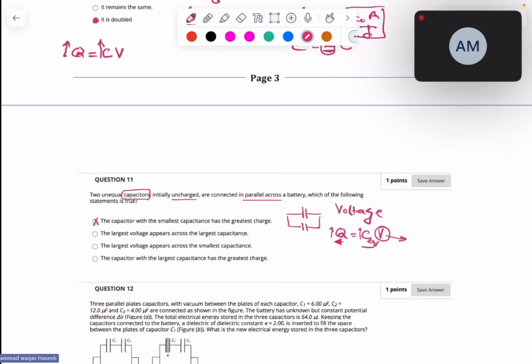Voltage remains the same, so this is not the option either. The largest voltage appears across the smallest capacitance? That is not correct either. So we are left with one option: the capacitor with the largest capacitance has the greatest charge. So this option is correct.